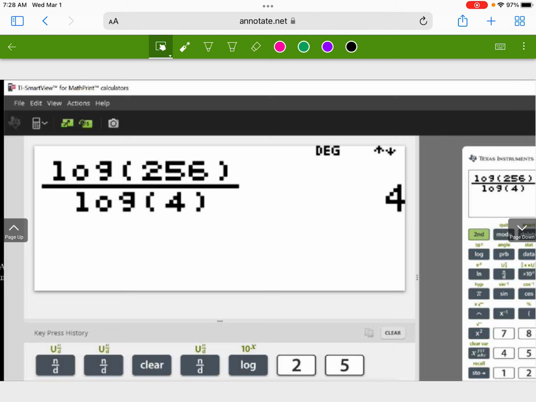So we had our log button up here. The one right below it says LN. You can hit that. This button right here, this is our LN. Of 14, and you can type that in.